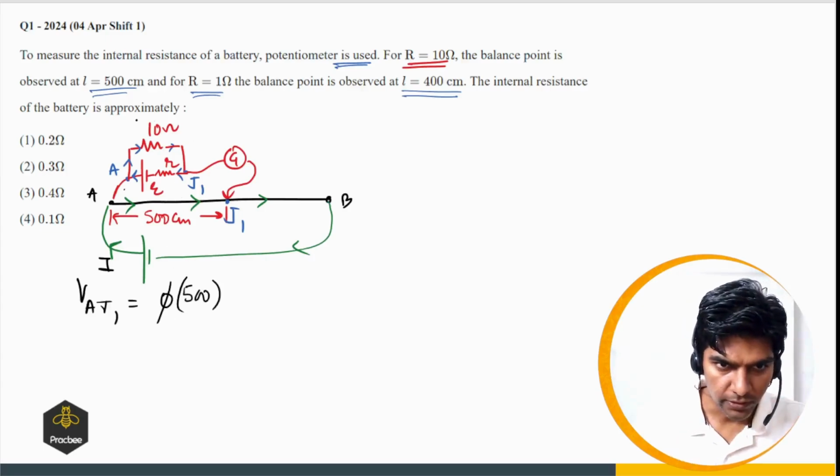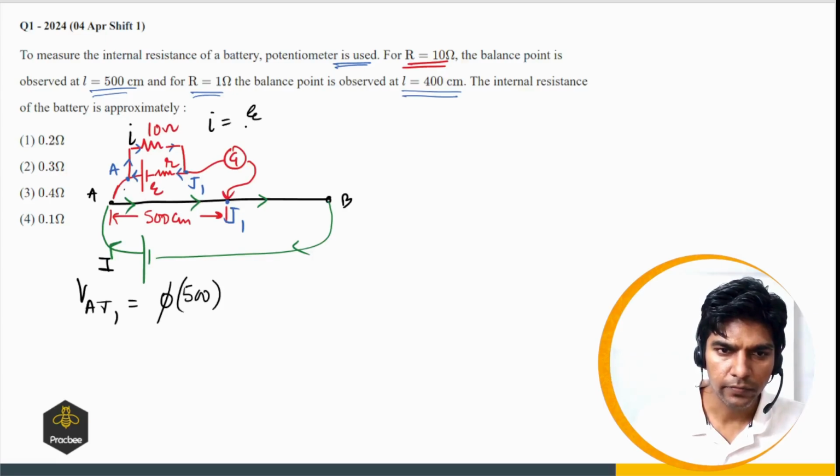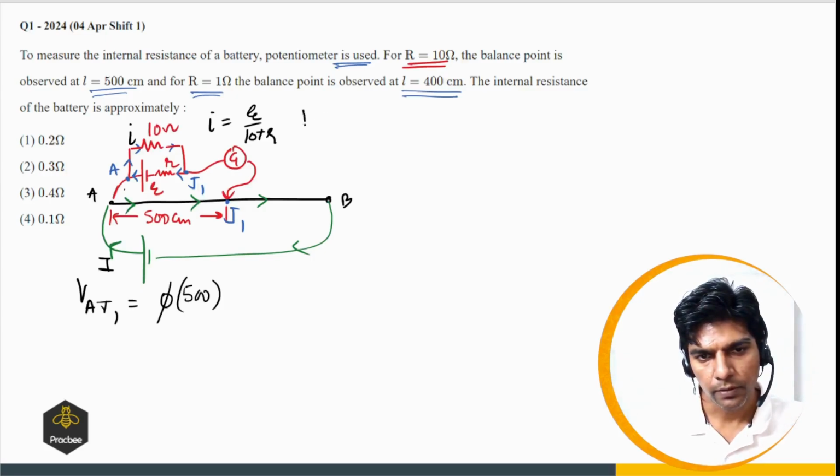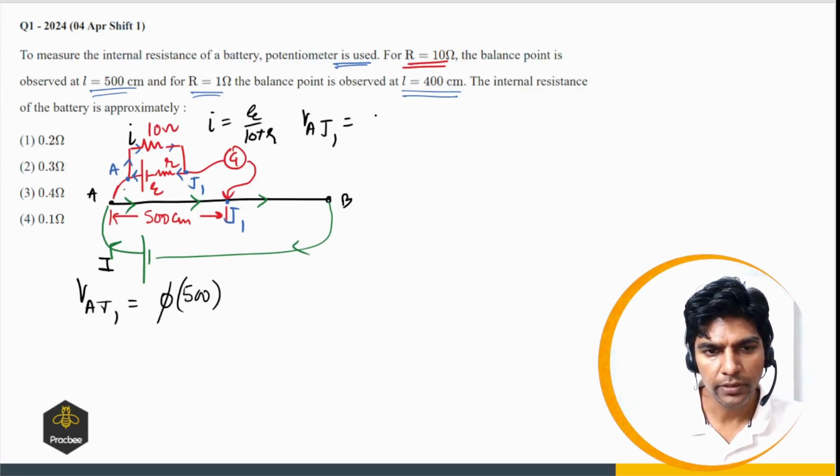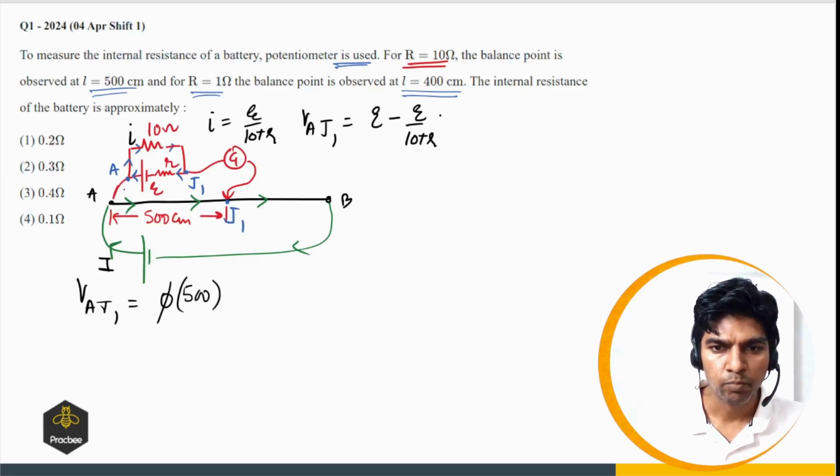And if you look at this circuit, and this current is I, this I can be written as E divided by 10 plus r. So the terminal voltage VAJ1 can be written as E minus Ir, E upon 10 plus r times small r.